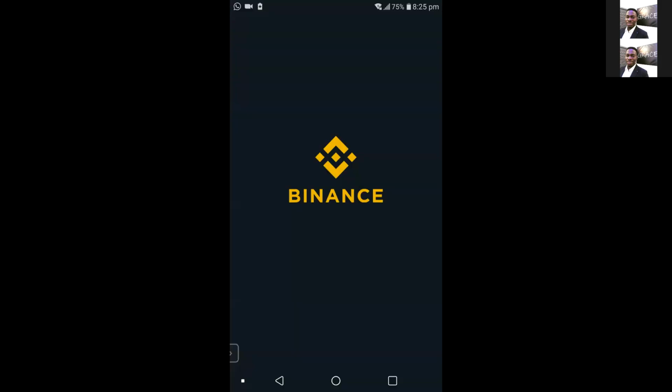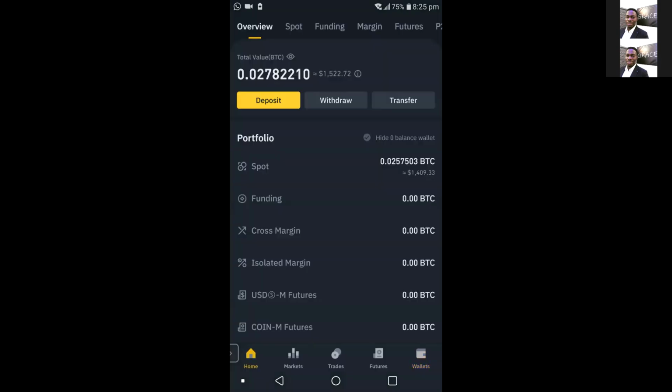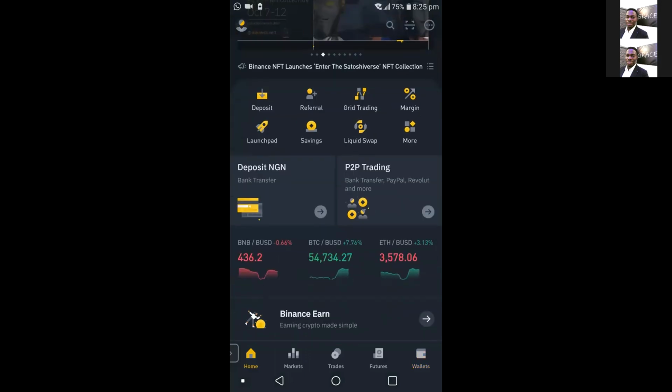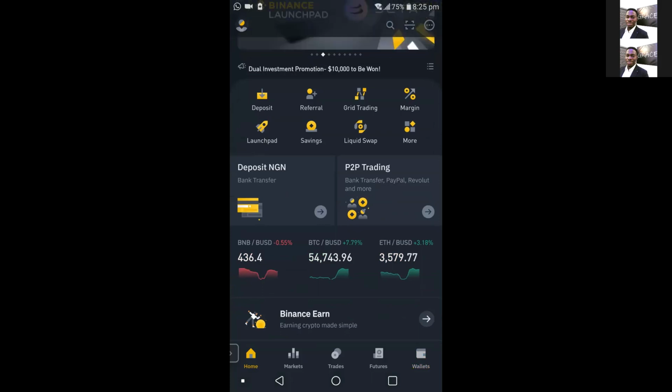If you buy Bitcoin at 54,000 and the value goes down to, let's say, 40,000, you have lost $10,000, right? Now, but with the help of this bot, as you can see, Bitcoin is currently 54,700.